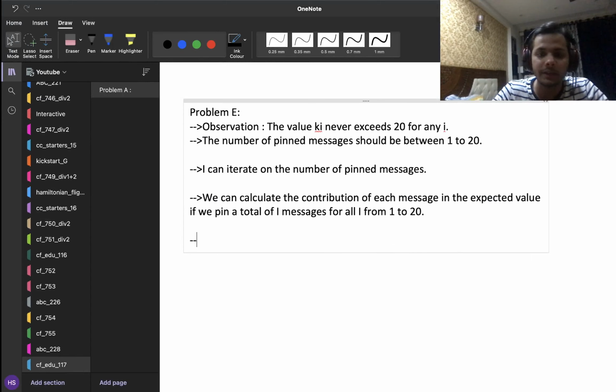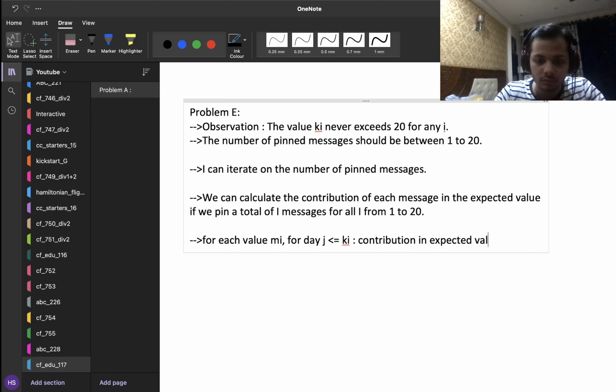So let's see what I'm trying to say here. For each message, for each value mi, for j which is less than or equal to ki, the contribution of that message in expected value, if I am pinning that message, is going to be 1.